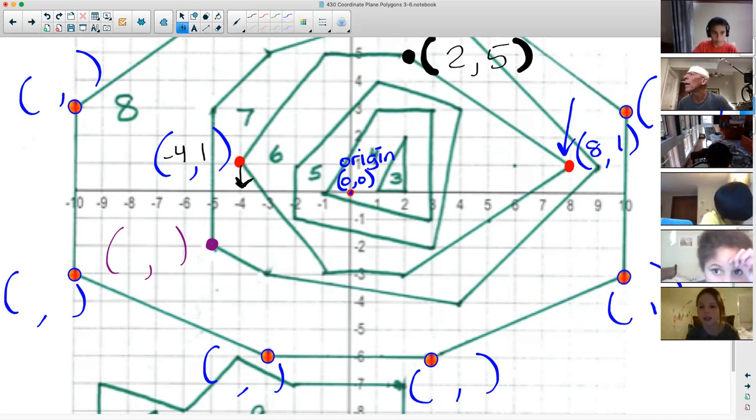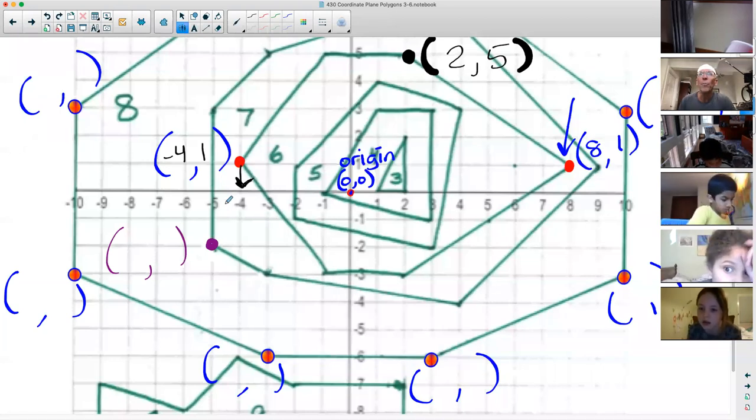Caroline and Olivia, maybe you and James could change it. Claire got it. And Sabrina, remember, we went from -5 and then we went down 2 to -2. Does everybody see (-5, -2)?